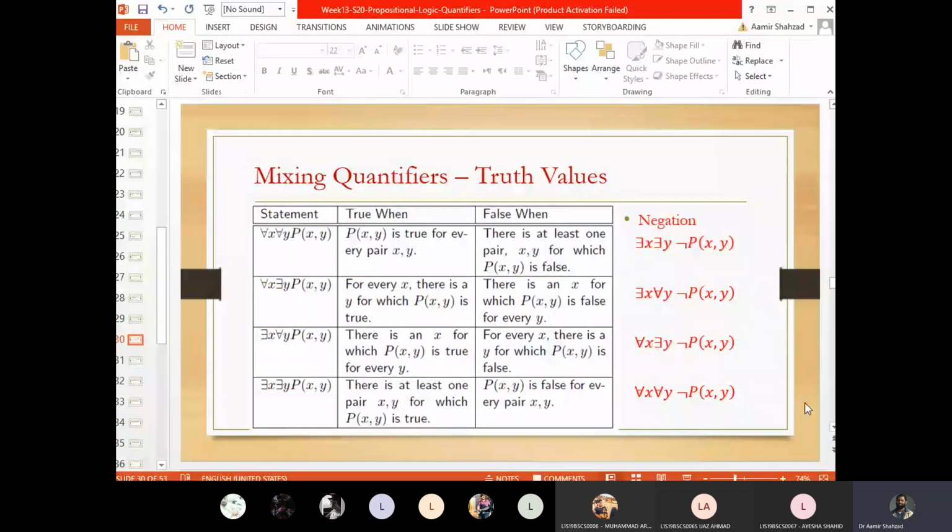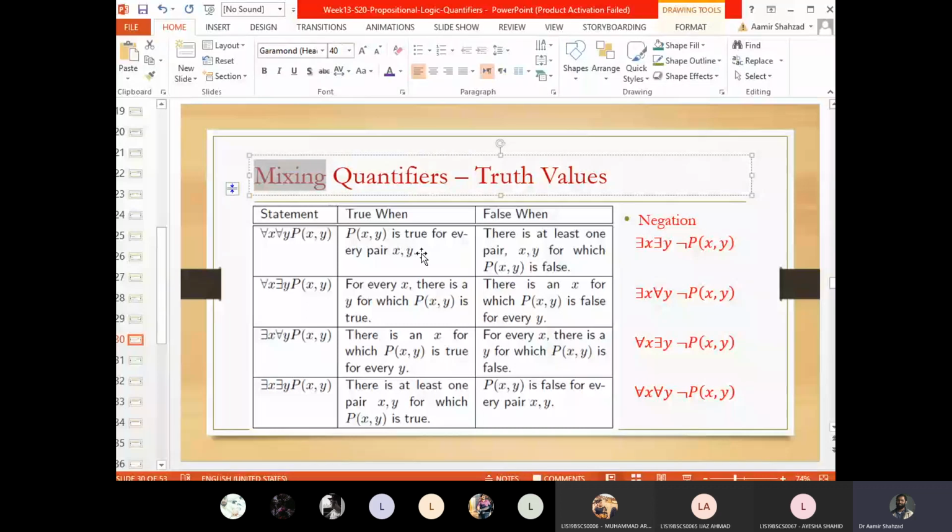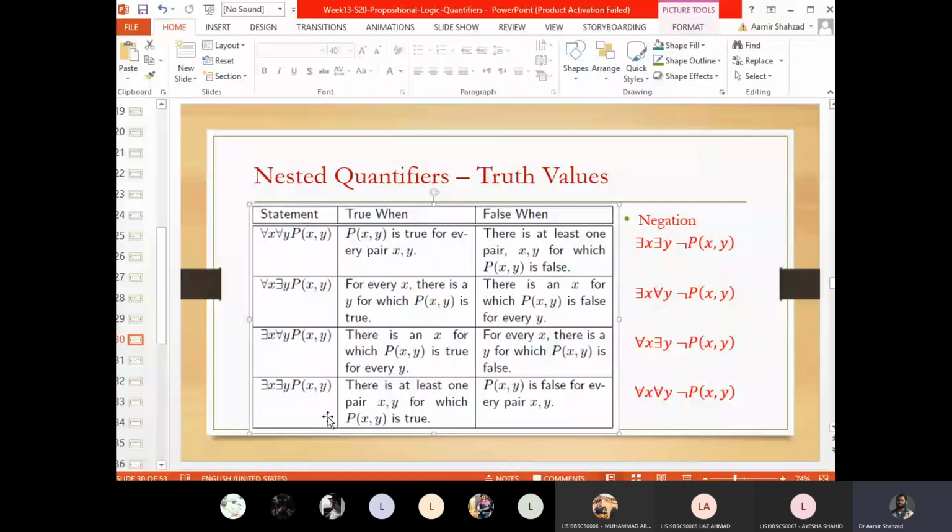So when are these nested quantifiers true, when are they going to be false? So instead of mixing, the better word would be nested quantifiers. So we have four possible combinations of quantifiers. So for all x, for all y, p of x, y. So p of x, y is our predicate.